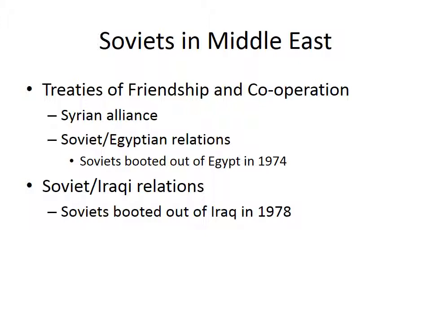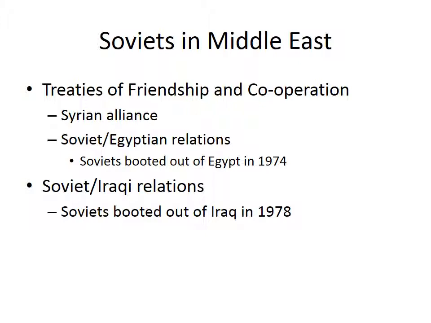Now, as a backdrop to what we're about to get into, the discussion of the 1973 October War: while the United States is developing this pillar system, the Soviets are also making moves in the Middle East. And so the Middle East becomes a very active theater in the Cold War.